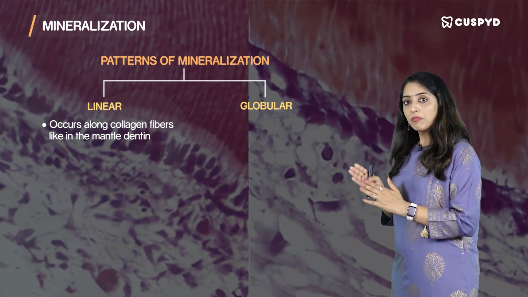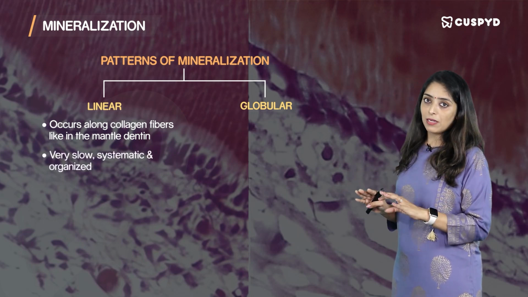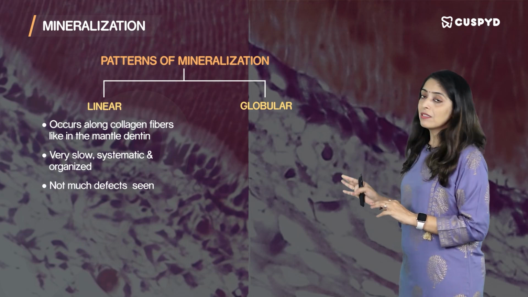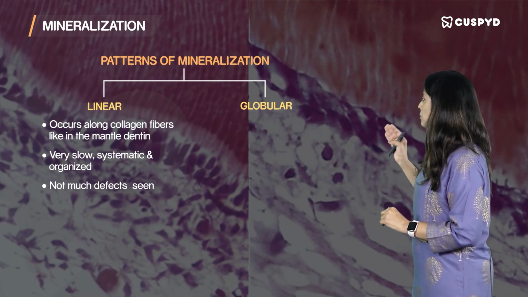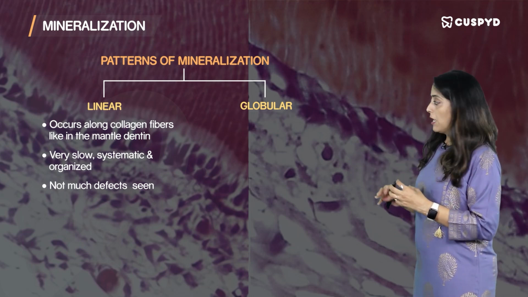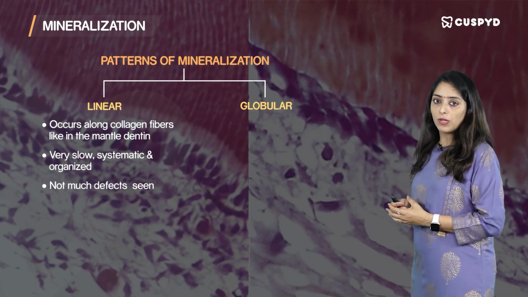So, this pattern of mineralization is a very slow, systematic and organized pattern. There are not many defects that can be seen, and that is why the mantle dentin does not show any type of defects. The other pattern of mineralization is the globular pattern, where globules are formed, and these globules will fuse with each other as they start growing.